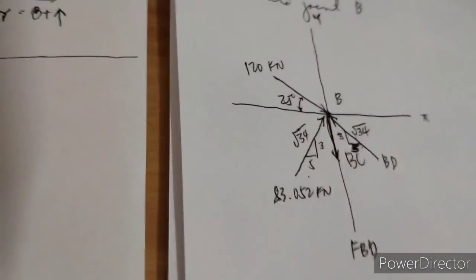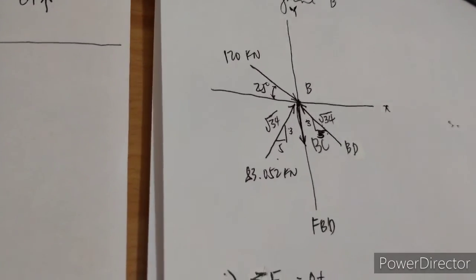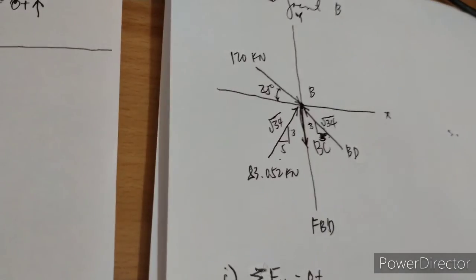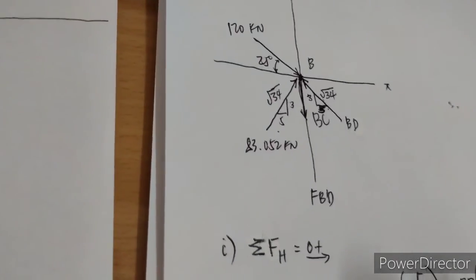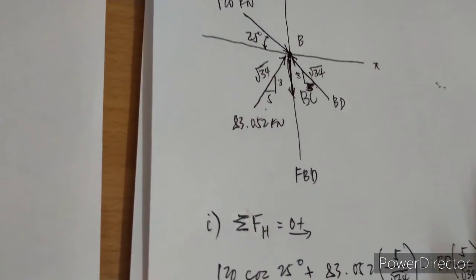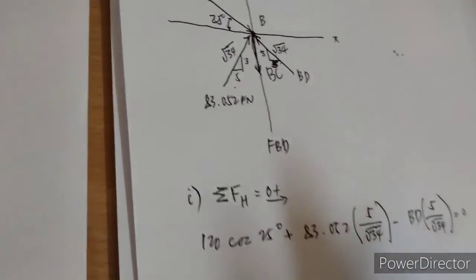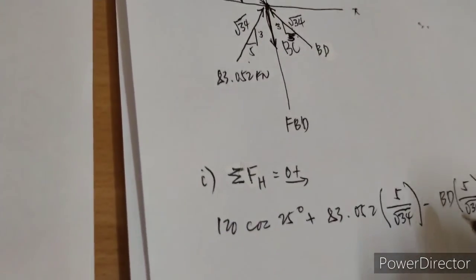So if you will observe this equation, we did not include any moment arm, because it's just simply summation forces horizontal. It's not summation moments at a certain particular point. Okay, so simplifying further, we need to transpose BD.